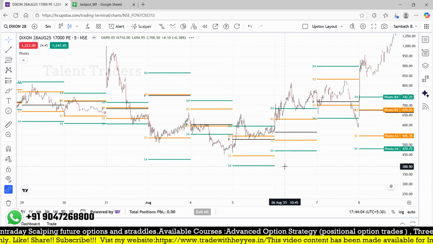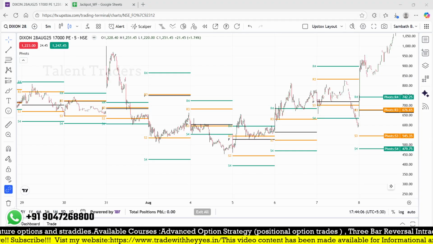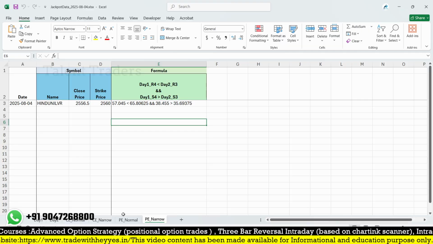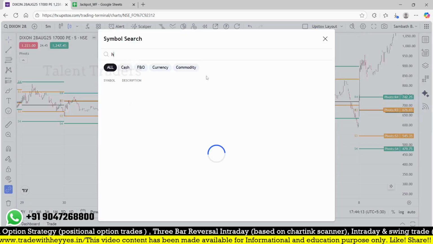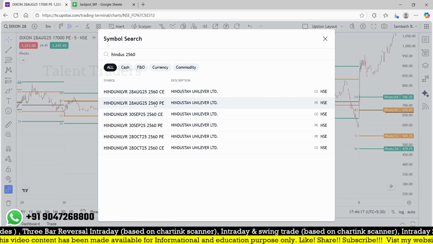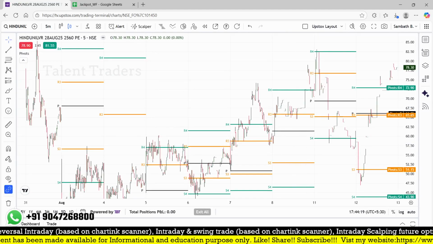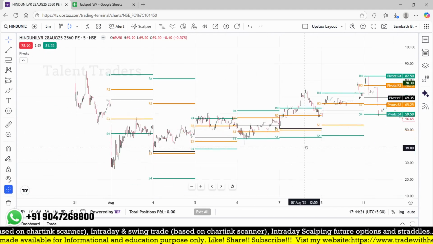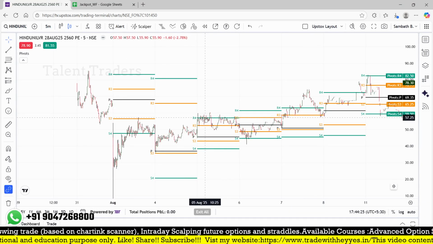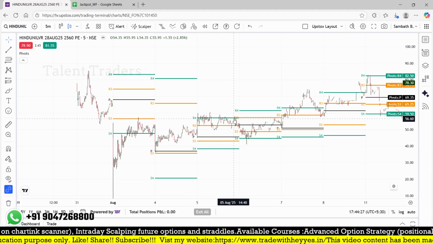is moving lower. Something like that for 4th August, we have Hindustan Unilever 2560. So this is also a put case. On 4th August, it should be an inside. So maybe this will work on stocks also. On that particular day, it breaks the R4, but it was closing on the same level.